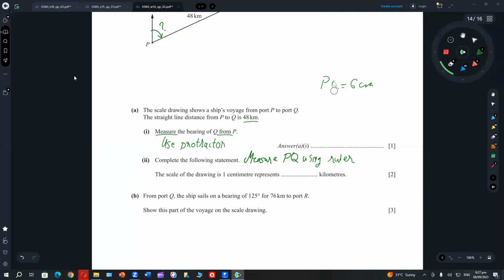So now you can make the ratio. 6 centimeters for 48 kilometers. So 1 centimeter will be how much? 8 centimeters.